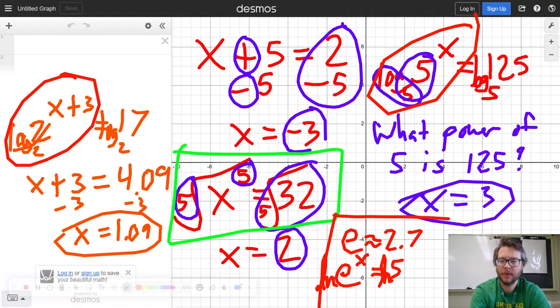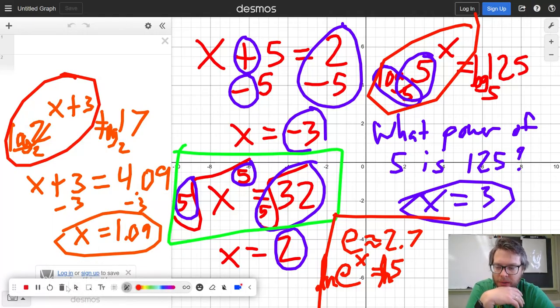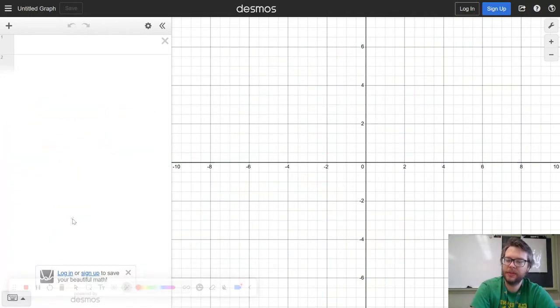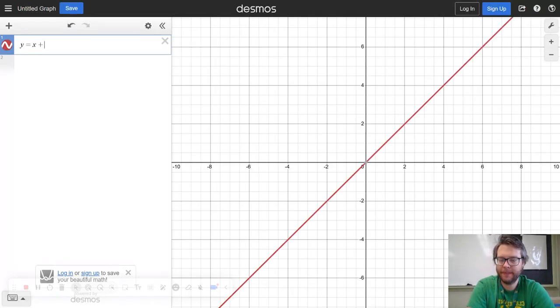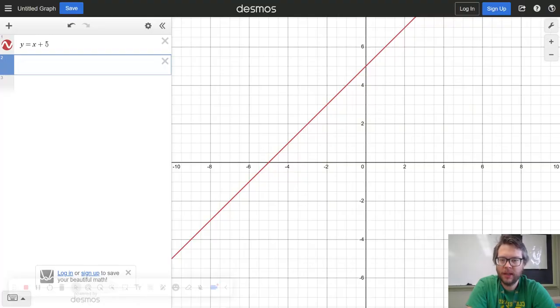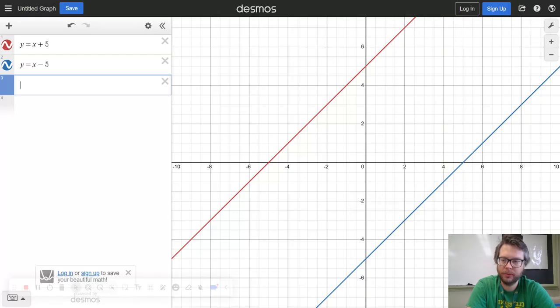Okay? So now let's talk about graphs. I'm going to try to clear everything out. We'll talk about graphs. Okay, we're going to go back and do our easy examples first. I want you to look at the graph. Here's the first example I gave, x plus 5. And then the inverse was subtracting 5. Okay, look at those two beautiful graphs.